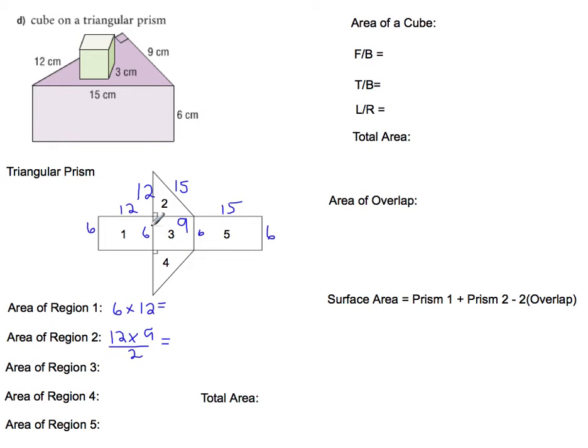My dimensions of region 3 are 6 by 9. My 4 is the same as 2, so once I calculate 2, I'll put it down here for 4. And my dimensions for region 5 are 15 by 6.